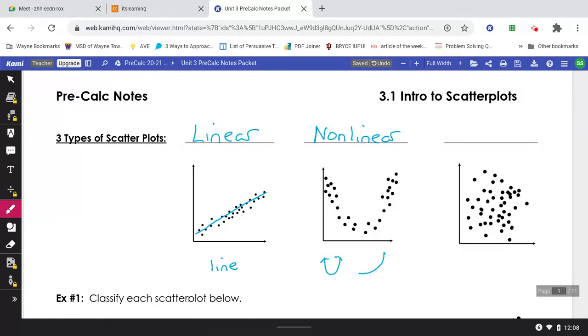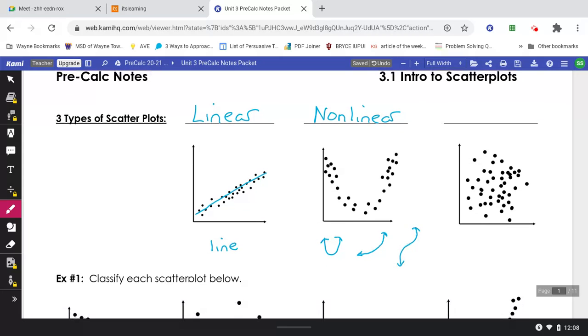It might be an exponential graph. It might be an x cubed graph. Anything that we've graphed in the past could be considered a nonlinear. This was a quadratic. But again, it could be any type of mathematical shape. And then the last one, if you just have a random spattering of dots, that one's called neither.